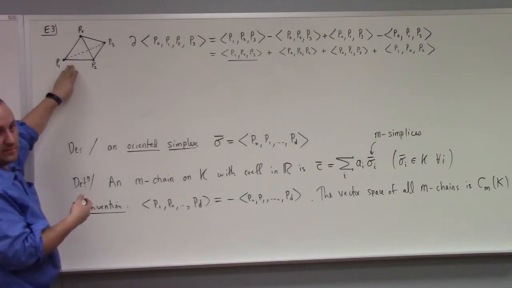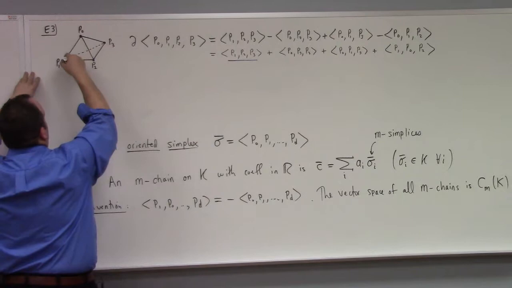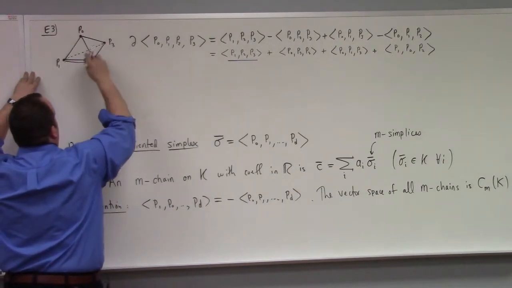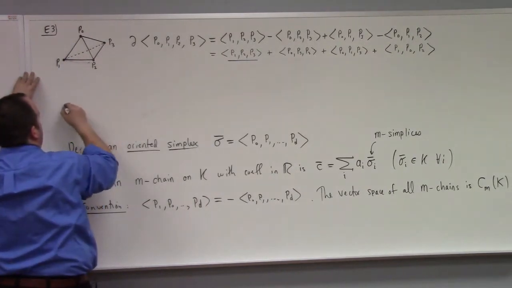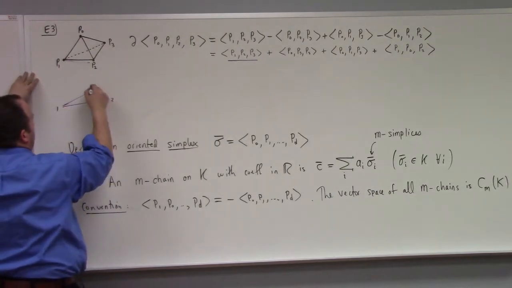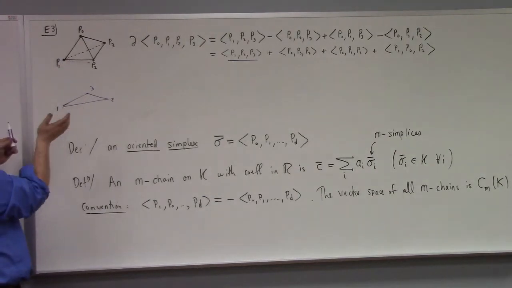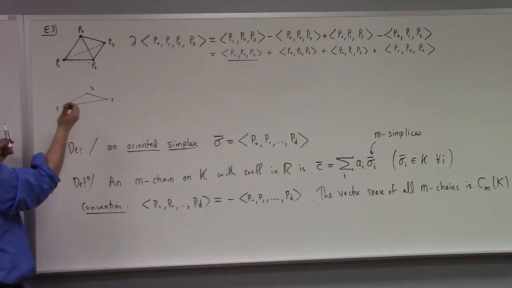What's that? That's the one. Let me do it down here. So 1, 2, 3, and so if you think about that, 1 goes to 2 goes to 3.